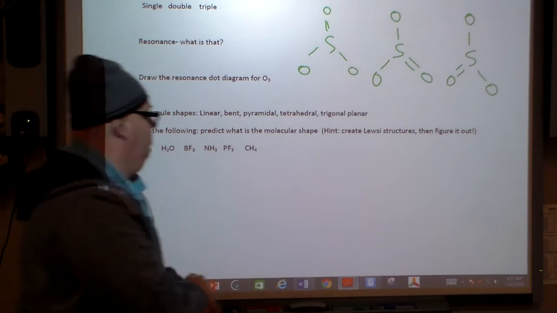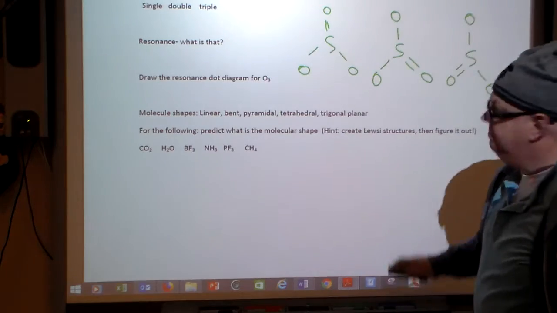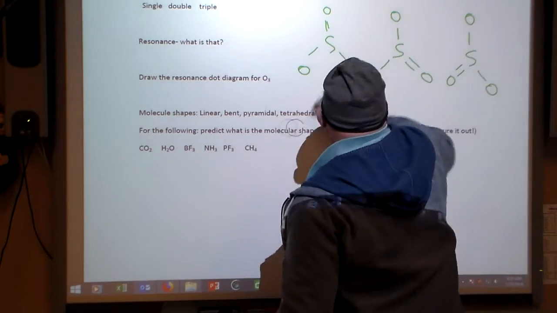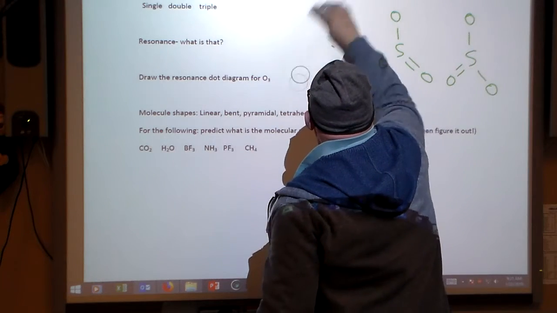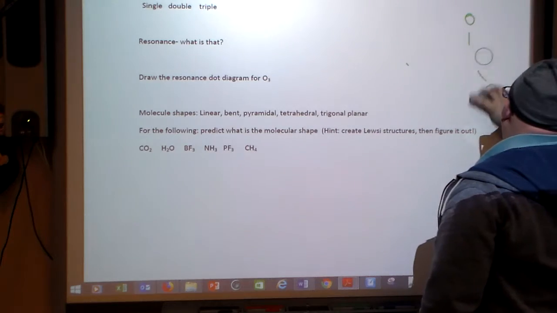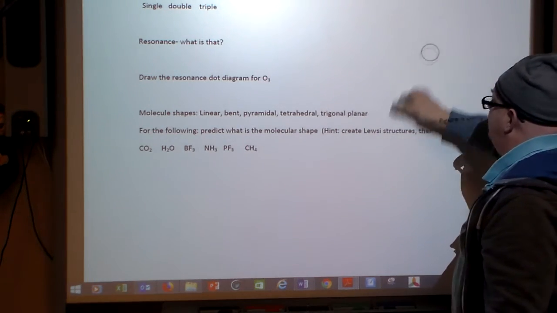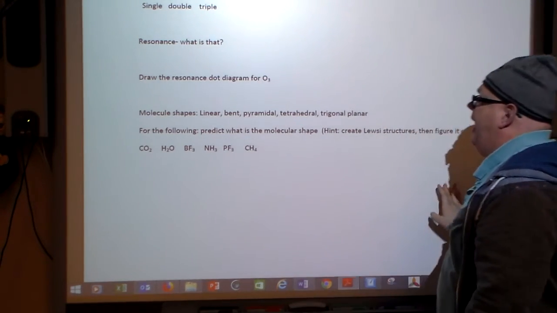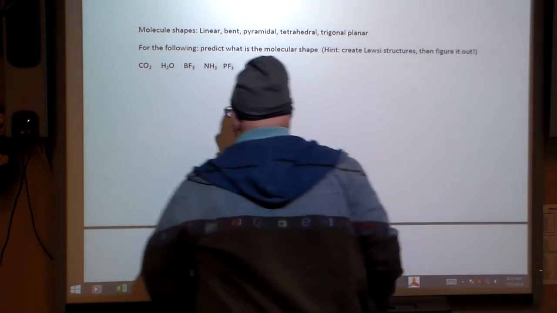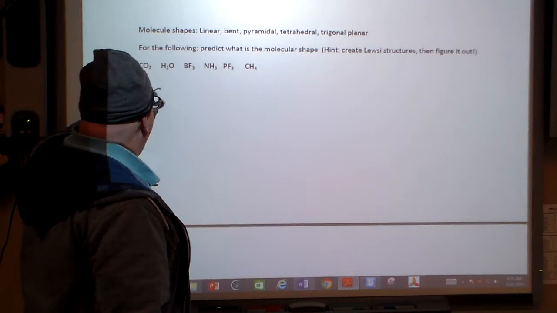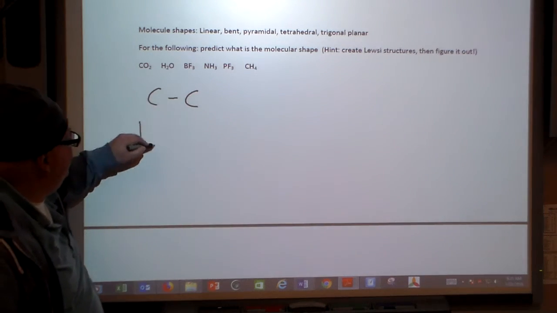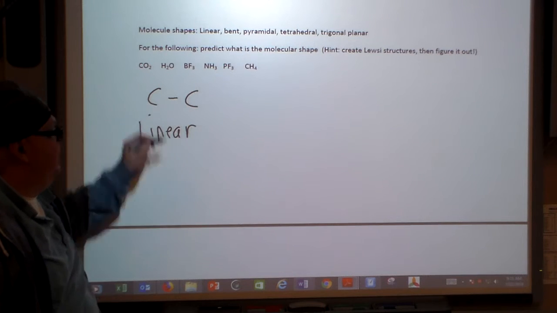Now, let's spend a little time here on shapes, shall we? So when we look at molecular shapes, really what's happening is the bonds and the electrons are making the difference. So the idea is this. Whenever you've got two atoms together, it is automatically linear.